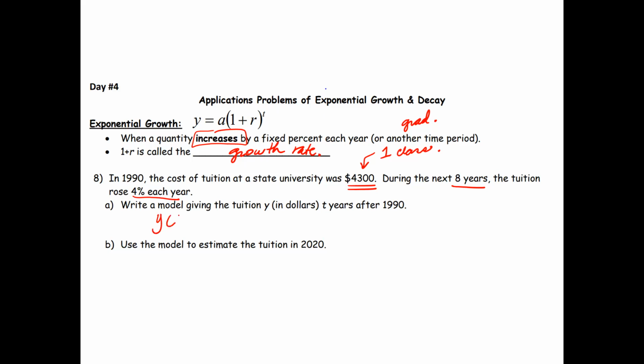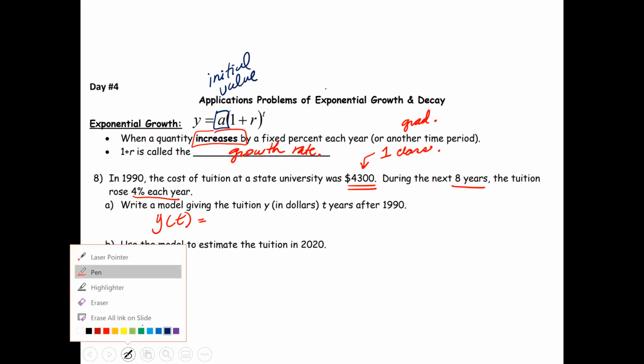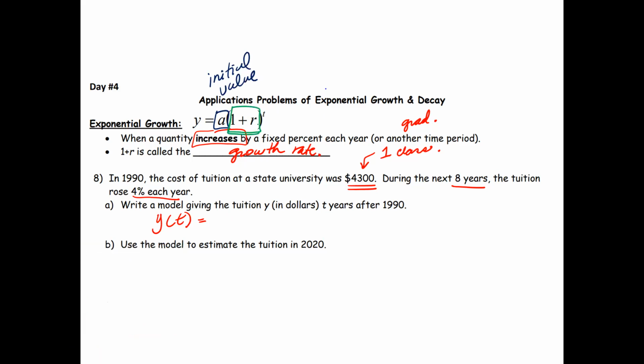So you're going to have Y of T is equal to your initial value, remember A is always your initial value, and then your 1 plus r is going to be your multiplier, which is either growing or declining. So your initial value is 4,300, then 1 plus 4%, which is 0.04, to the T power.